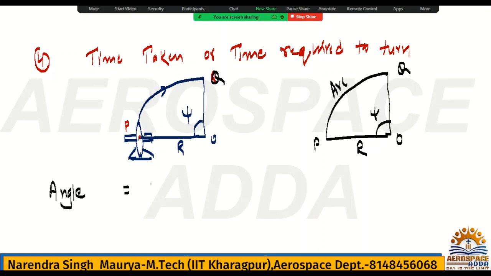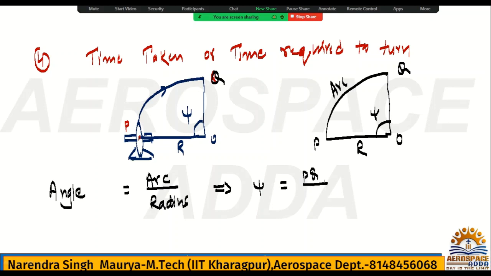Angle is nothing but arc divided by radius. We all know. What is the angle here? Psi. What is the arc? It is PQ, divided by the radius, which is R.